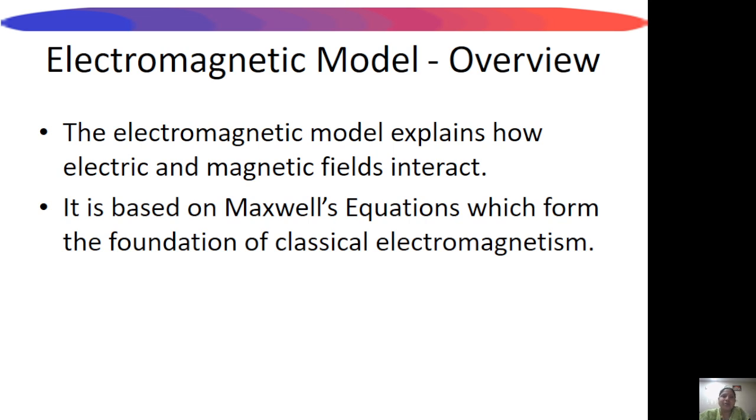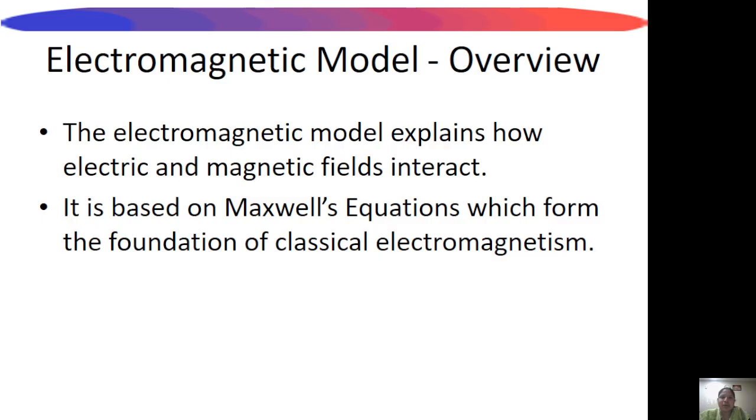Let's see about the electromagnetic model. The electromagnetic model describes the relationship between electric fields, magnetic fields, charges, and currents. It provides a mathematical framework to analyze electromagnetic phenomena. This model is based on Maxwell's equations, which unify electricity and magnetism into a single theory.